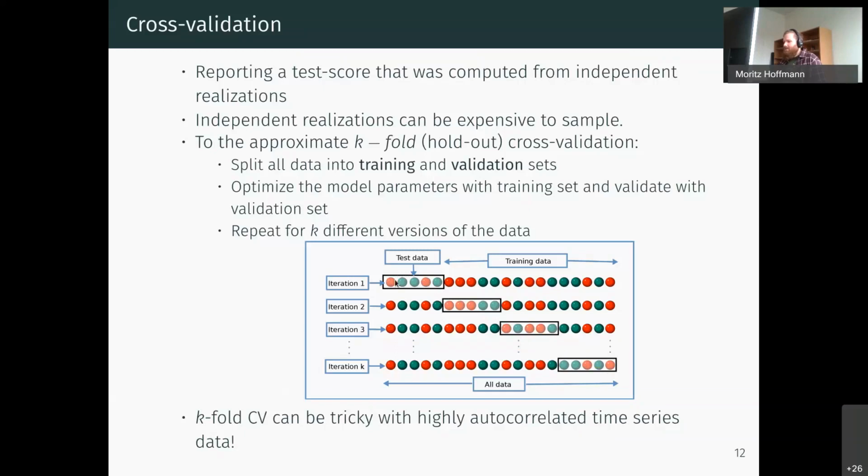So you use this for testing, then you throw everything away and start from zero and take the others for training and then the rest for testing. And then you iterate through this, and then you get a confidence or standard deviation to your score and can know something about how reliable it is.